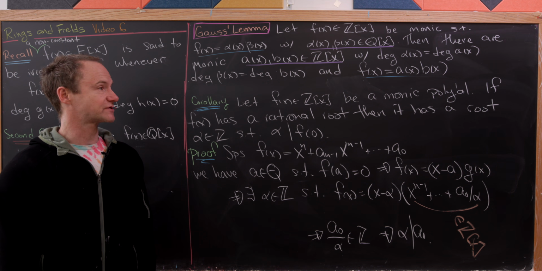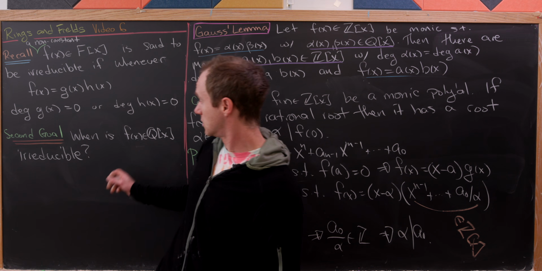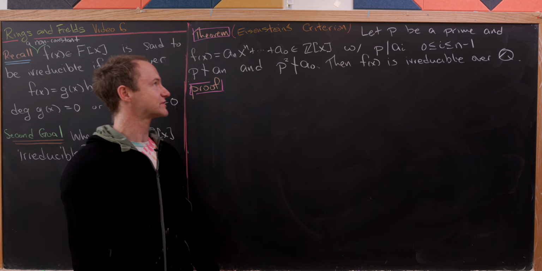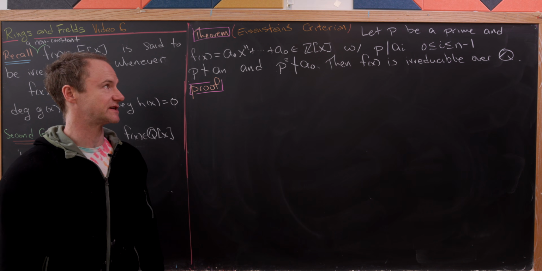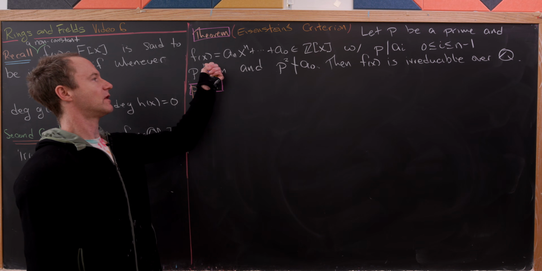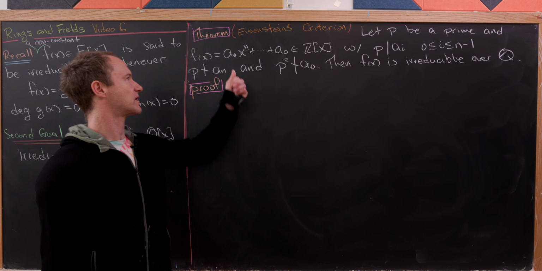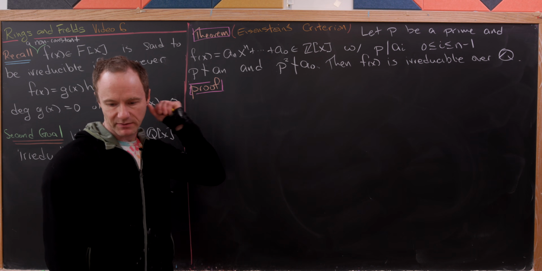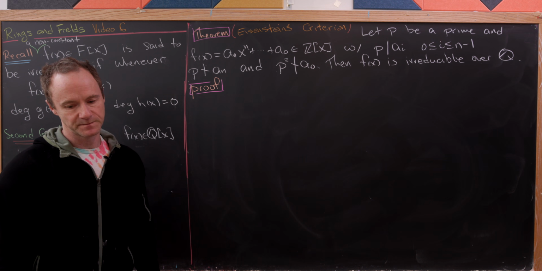Okay, one last result for the day, and that will look at this second goal a little bit more carefully. So our last result will be something called Eisenstein's criterion. Let's suppose we've got a prime p, and we have a polynomial with integer coefficients where I've written it as a_n x^n plus a_{n−1} x^{n−1} all the way down to a_0.